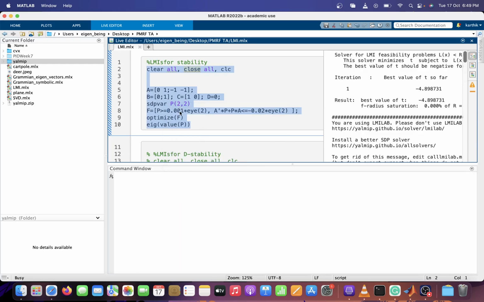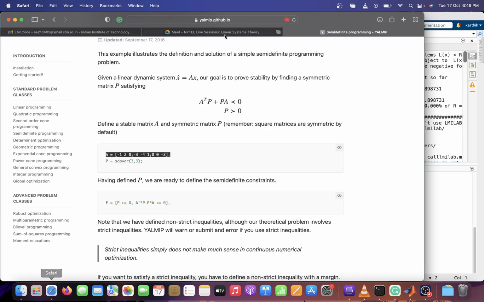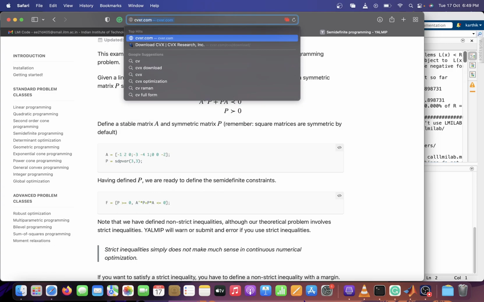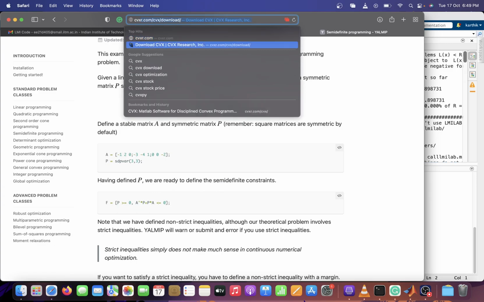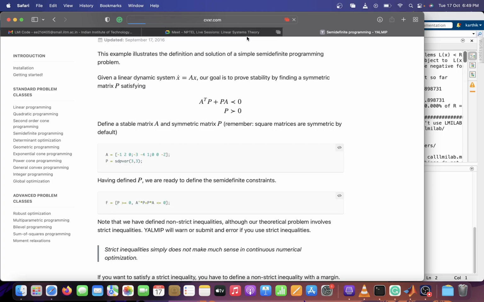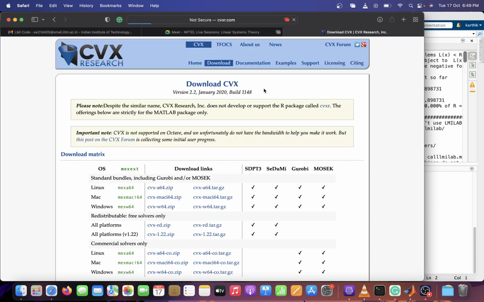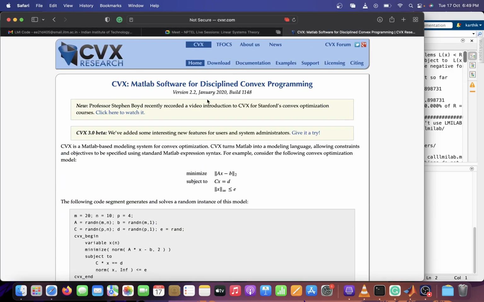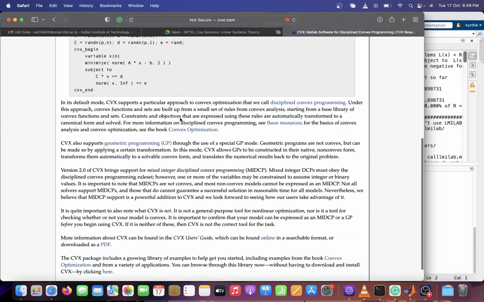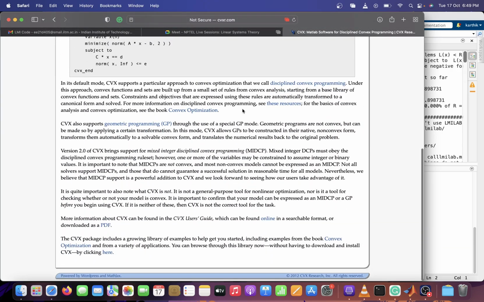So you can always use CVX. So I will show that also. So if you have CVX, yeah, this is CVX. So you can always download CVX.